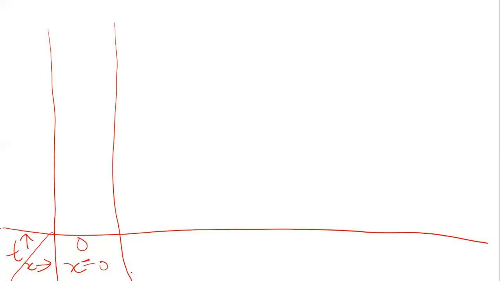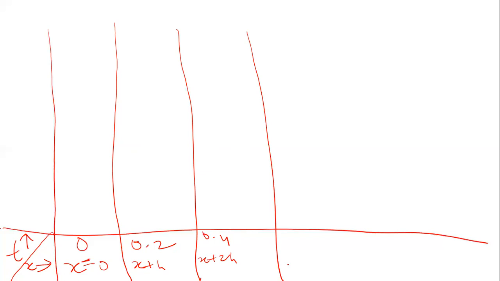Then x plus h, that is the step size, is 0.2. x plus 2h will be 0.4 and 0.6, and x plus 3h, x plus 4h will be 0.8.